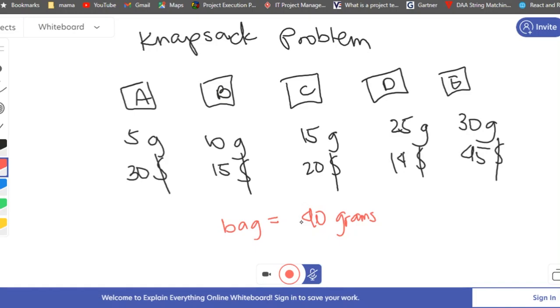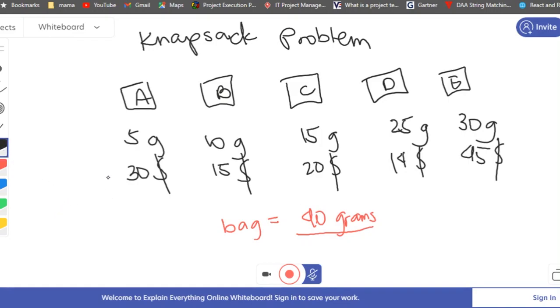So, knowing that magnanakaw, siguro kung ako yung magnanakaw, lahat kukunin ko, di ba? Kaya lang, ang bag ko is, yung kaya niya lang dalhin is 40 grams. So, kailangan natin mag-plot.